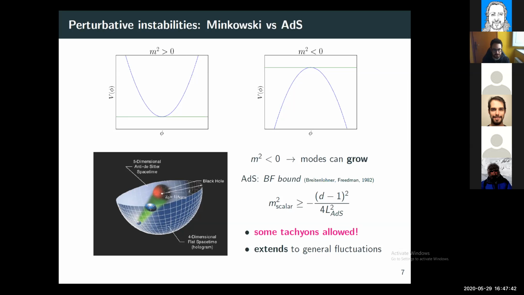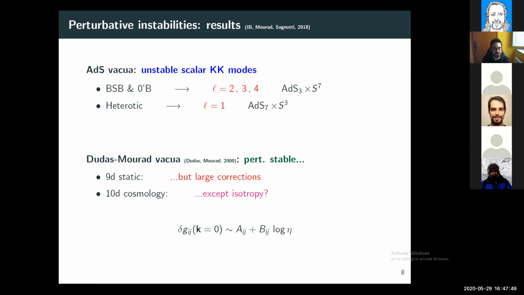So given this conceptual point, what we did was study perturbations of these AdS vacua, and also other solutions, these solutions with large corrections that I told you about briefly. Since we have an internal sphere, there are angular momenta going on for Kaluza-Klein modes, and it turns out that there's only a very small number of angular momentum values for unstable scalar modes.